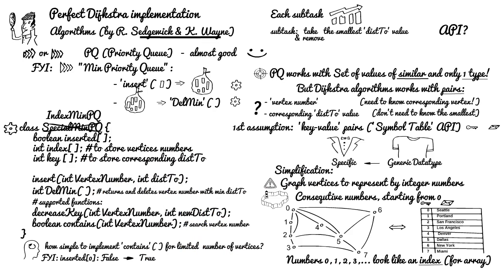If you forgot about PQ, you can check our previous video Why algorithms. Now, if we want to check whether our IndexMinPQ contains vertex 0, function contains returns true, meaning vertex 0 is in our PQ, because inserted at index position 0 associated with vertex number 0 is not equal to false anymore.